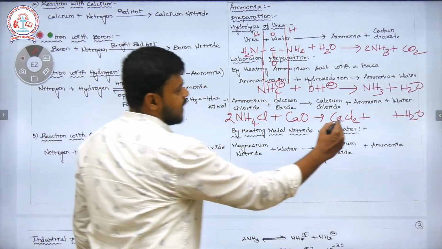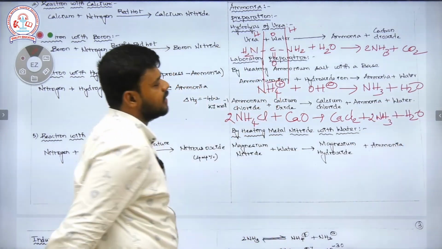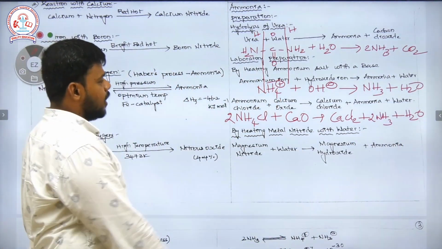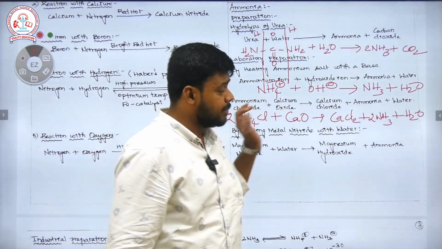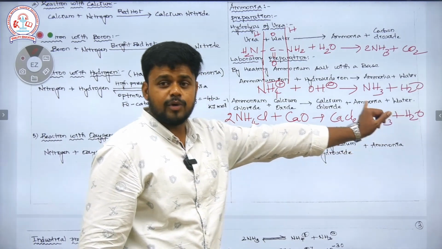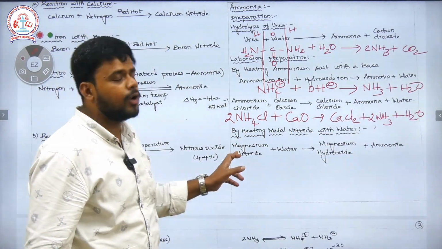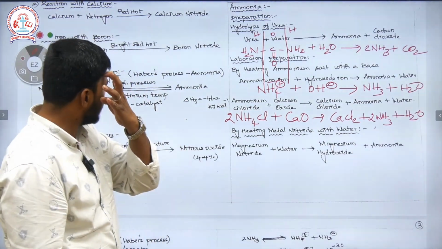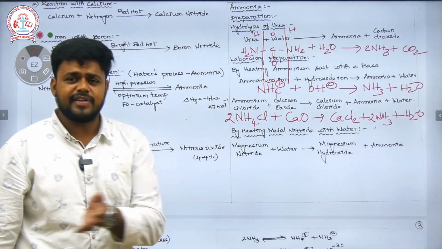Then we will also get 2 moles of ammonia. So this is the reaction. Here the oxidation state of the ammonium is +1, here it is 0, which means it undergoes reduction. Calcium oxide actually reduces the ammonium to ammonia. So this is the reaction. Questions may be asked in any way, depending on the sentences that we study.